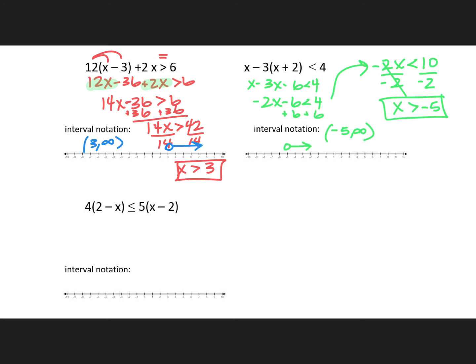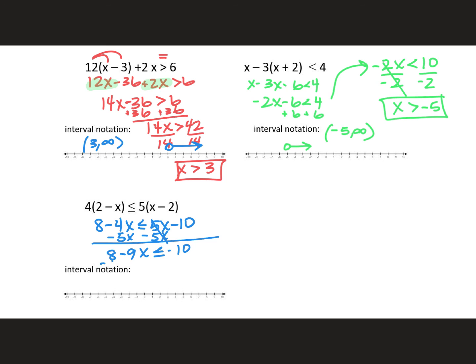And here for the last one. On this one, we do have x's on both sides, so treat it just like you would an equation. Typically, we like those x's to be on the left, especially for inequalities. So this will be 8 minus 9x is less than or equal to negative 10.